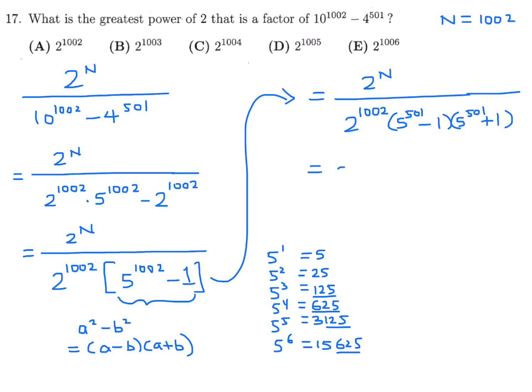And that's really the only thing I need to worry about, the last 3 digits, to get an idea of can I squeeze out a power of 2 or not. So I'm going to just put in that 125 minus 1 and then 125 plus 1 like that. Okay, now how many powers of 2 can I squeeze out of there? 125 minus 1 is 124.